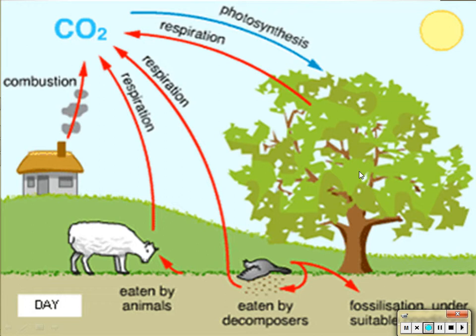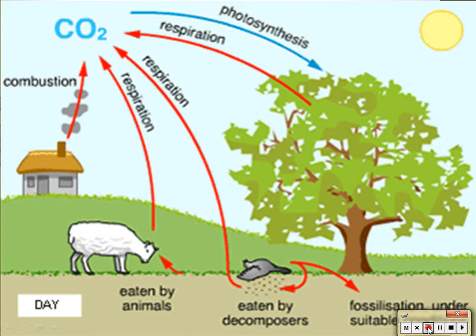Now, green plants pull the CO2 out of the air through a process called photosynthesis, and they turn that CO2 back into a carbohydrate. So the carbon cycle is circular. As you can see, it starts here and it goes up to CO2 and comes back down and starts again and just goes in a circle. Carbon cycle.